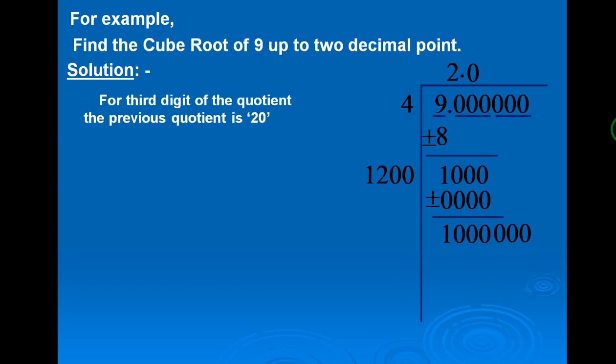For the third digit of the quotient, the previous quotient is 20, that is x is equal to 20.